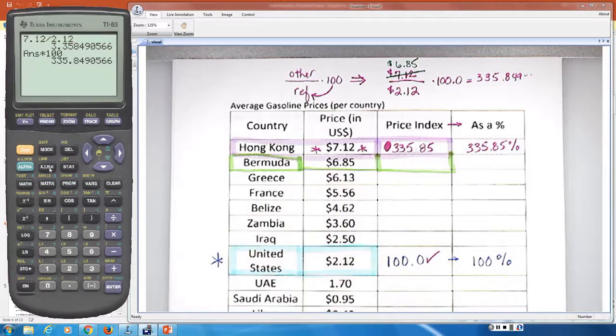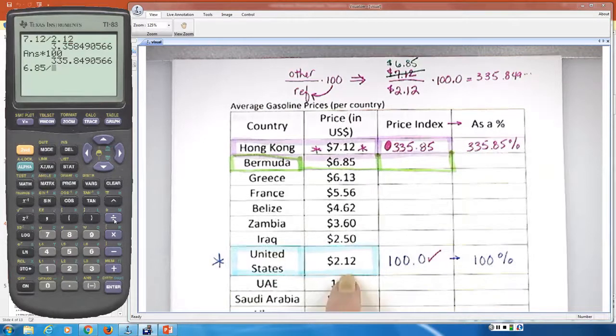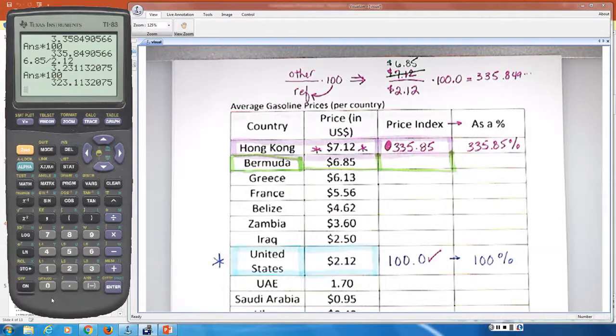So if we take $6.85 and divide it by the reference value, which is $2.12, and then multiply that times 100, our index is 323.1.